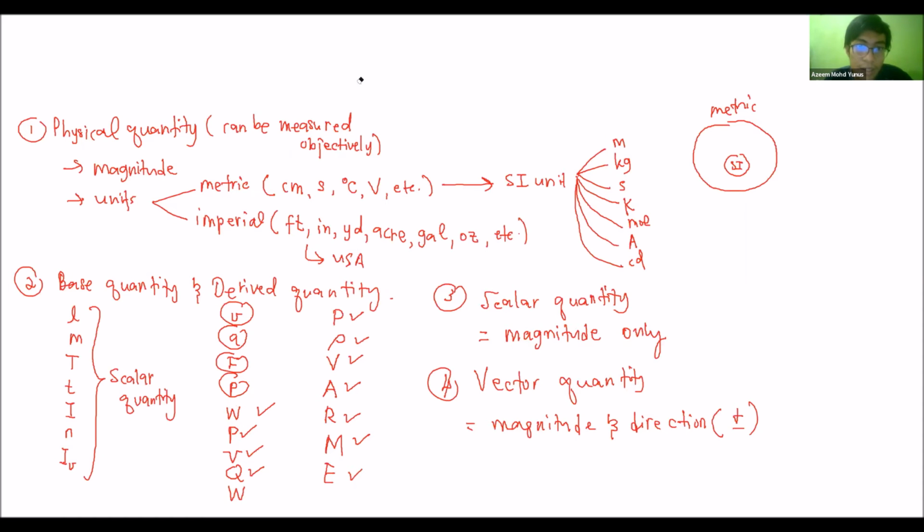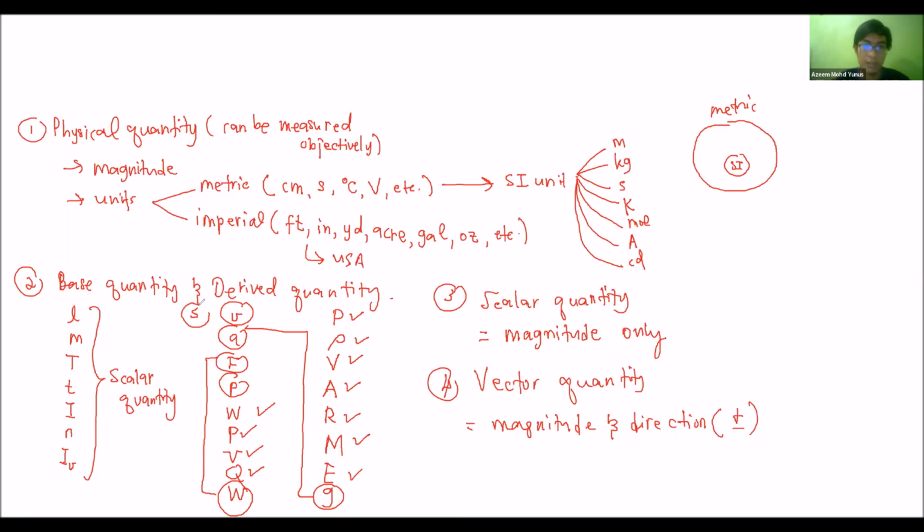Work done is a scalar quantity, but weight is a vector quantity because weight and force are the same thing. Also g, gravitational acceleration, is the same as ordinary acceleration.